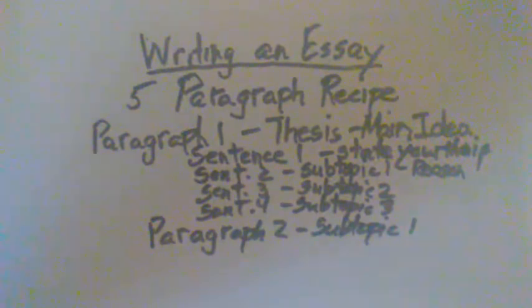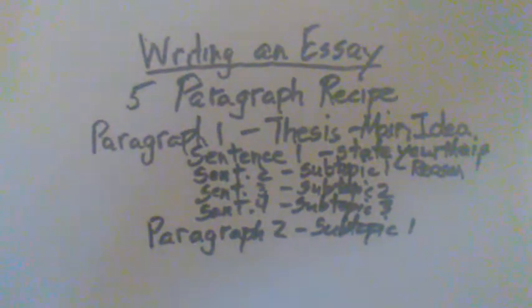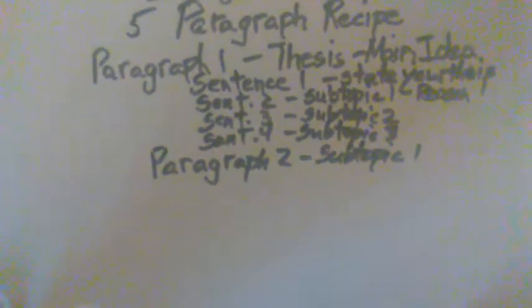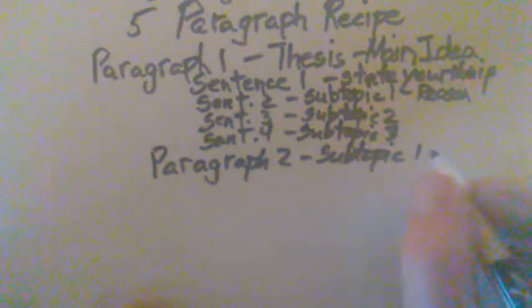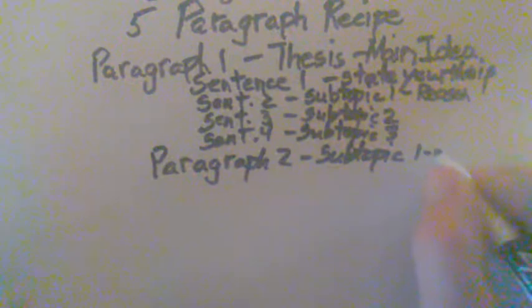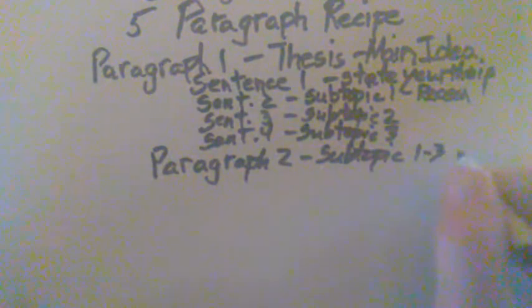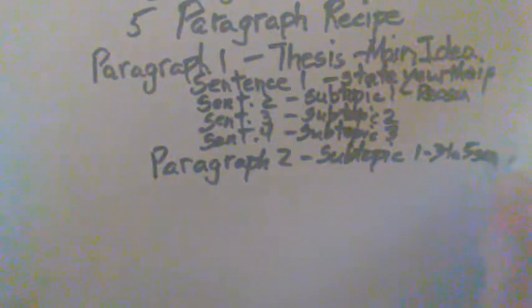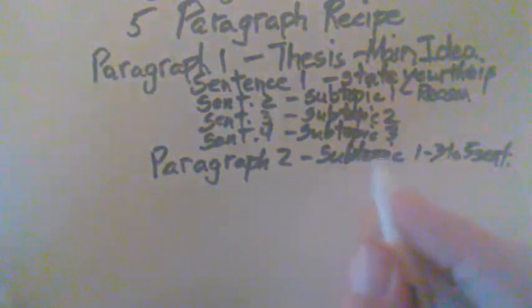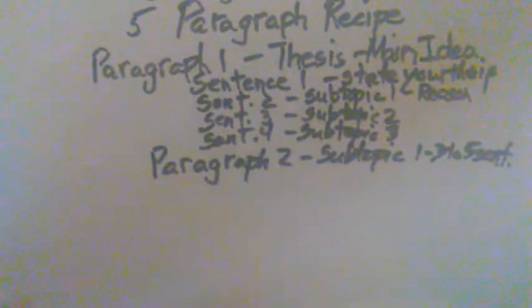You're going to tell more about that, okay? And we're going to say you're going to put 3 to 5 sentences about this subtopic 1. You're going to expound on it. You're going to expand it. You're going to talk about that subtopic 1.